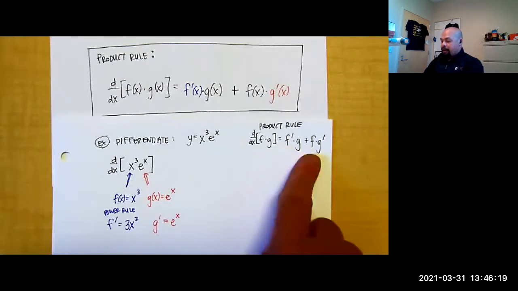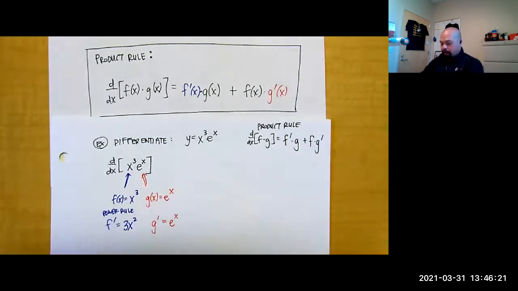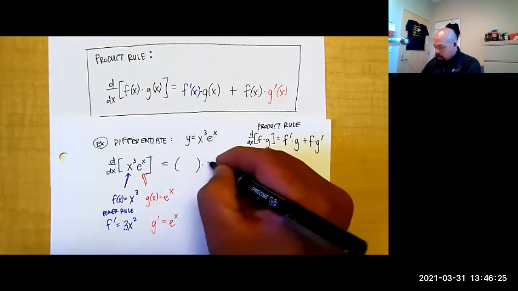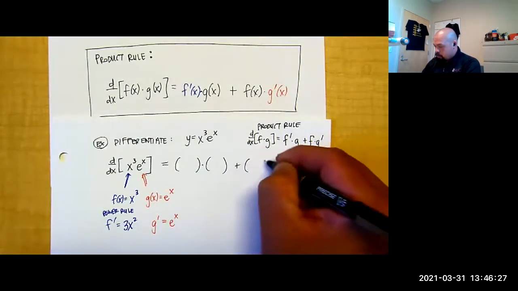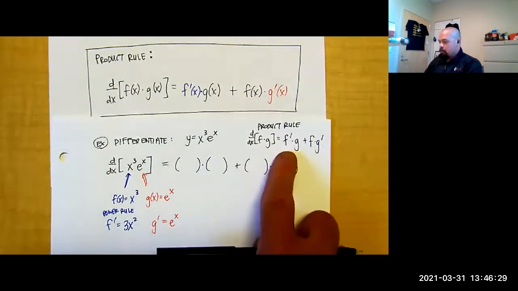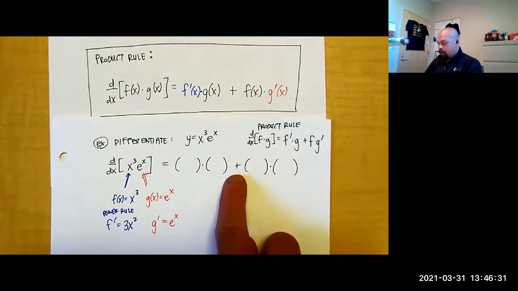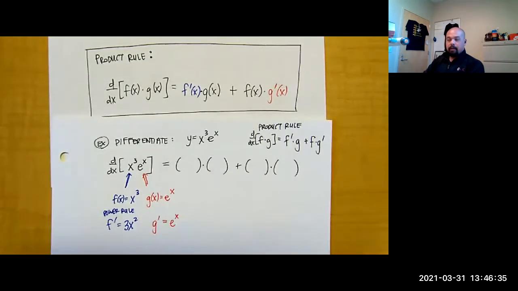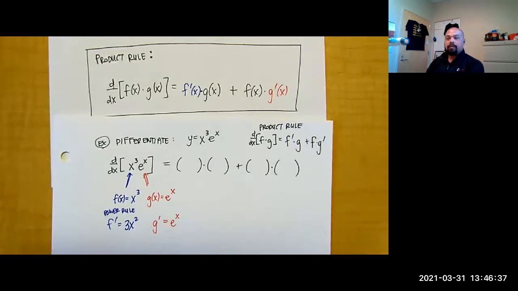So following this pattern, my derivative here is going to be equal to the sum of the products of a different organization of the original function and a derivative.